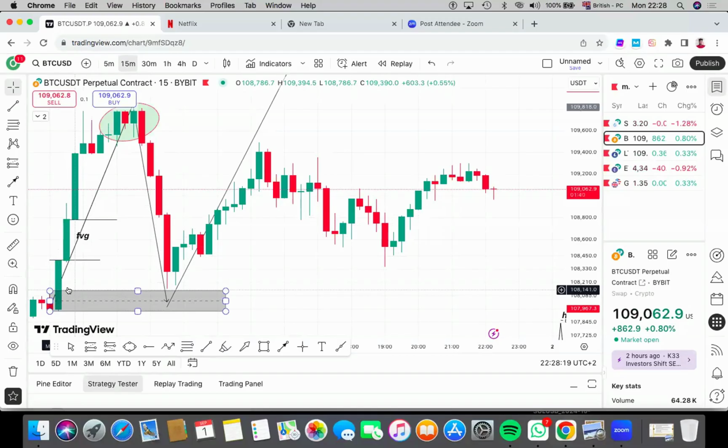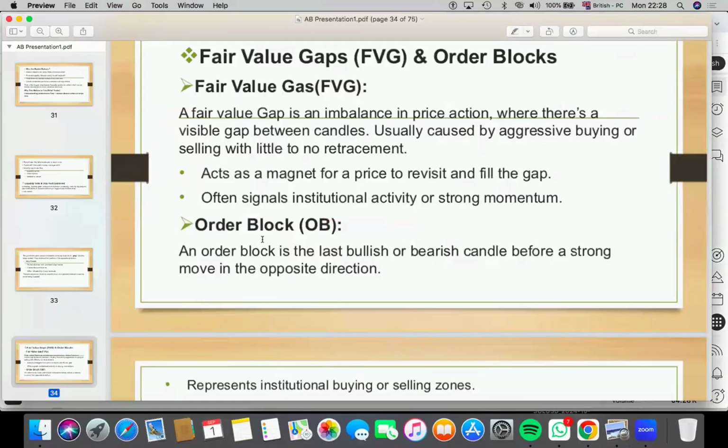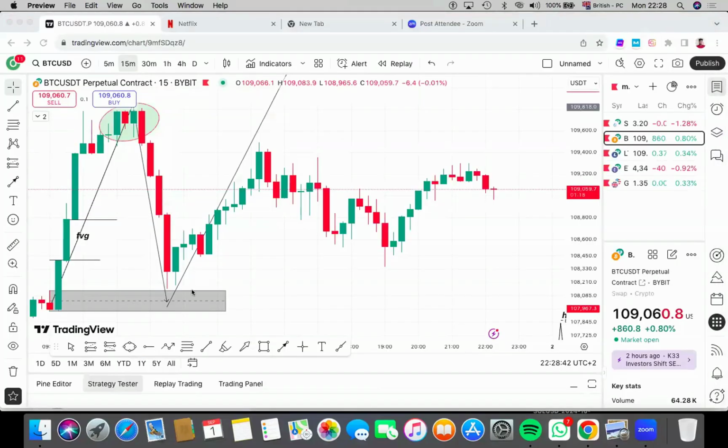So we said, what is an order block? From the definition here, it says an order block is the last bullish or bearish candle before a strong move in the opposite direction. In an uptrend, the last bearish candle, and a bearish candle is in a red color, right? So now, since we know that the market is in an uptrend, what should we be looking for after the last up move that the market created?